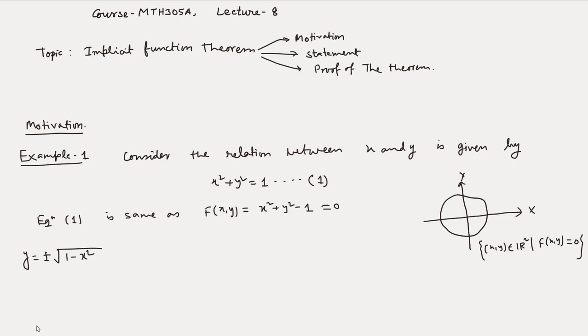So these equations are explicit functions. Again, these are relations between x and y, and these equations give an equivalent relation between x and y as in equation 1.